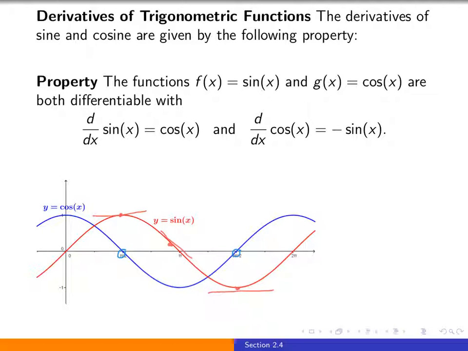To the right of 3 pi over 2, or the left of pi over 2, if you pick a point and draw the tangent line, it's going to have positive slope. And this corresponds to where cosine is positive. So from a graphical and very intuitive perspective, we can see, yes, it makes sense that, say, the derivative of sine would be cosine. Let's go ahead and apply these formulas to a few basic examples.